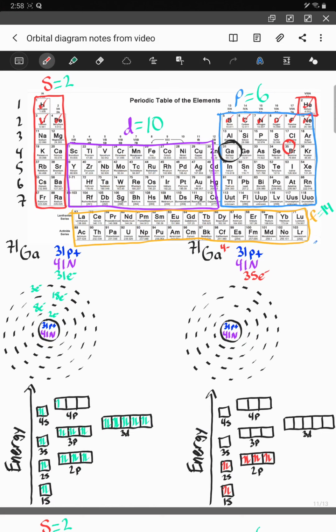We are now at 3s. Fill those in. Keep moving left to right. We are now at 3p. Fill those in. So 3p, we filled those in.